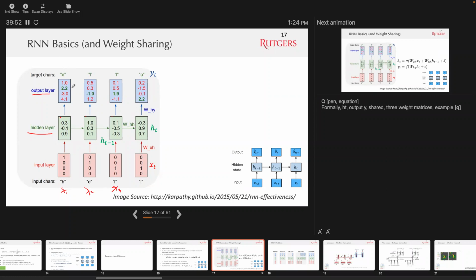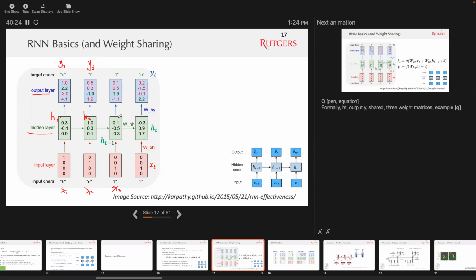So you can use h1 to predict y2, you're going to use h2 to predict y3, and so on and so forth. This is the overall recurrent neural network.